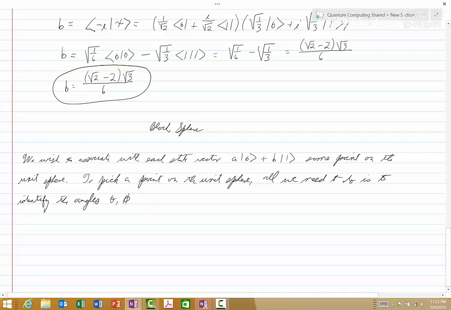And here, in case you're a little rusty on this, I'm talking about the usual spherical coordinates.